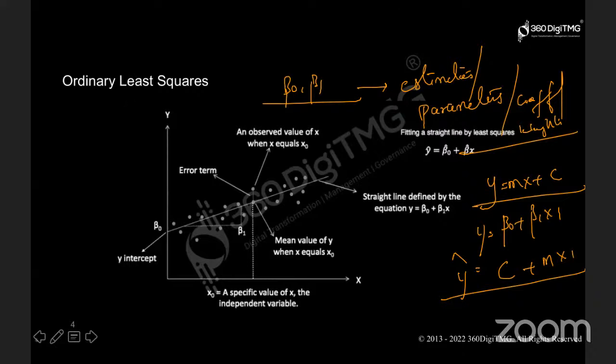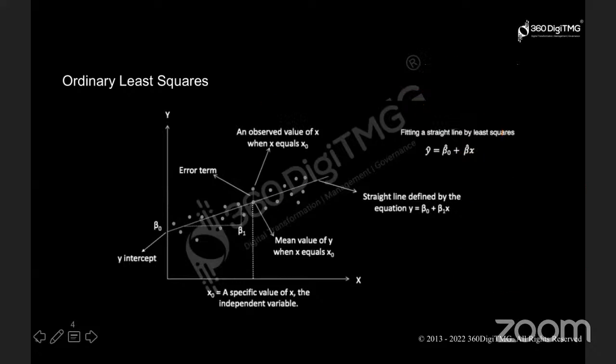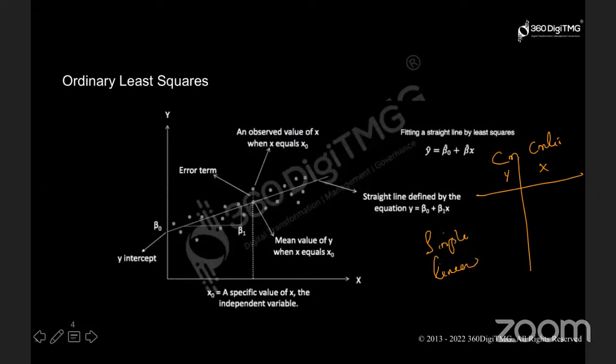So when you opt for simple linear regression, if you have only one input variable and that being continuous and this is also continuous, you can go for simple linear regression. But what if you have x being discrete? You can go for dummy variable creation.